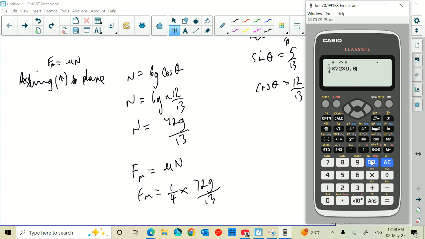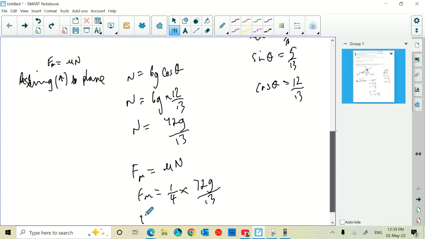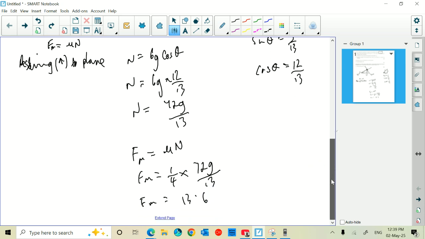Let's go back. 72 times 9.8 and divide by 13 is equal to 13.6. So F max is equal to 13.6. And there's the answer to part A.